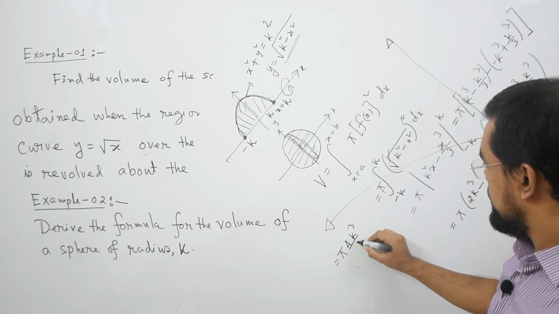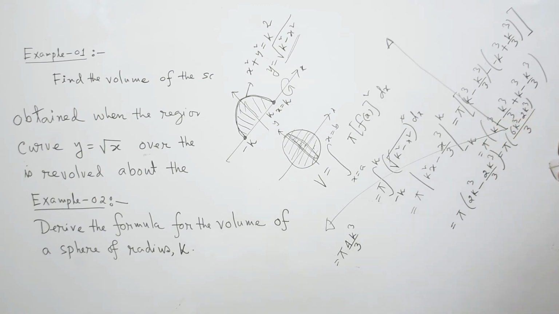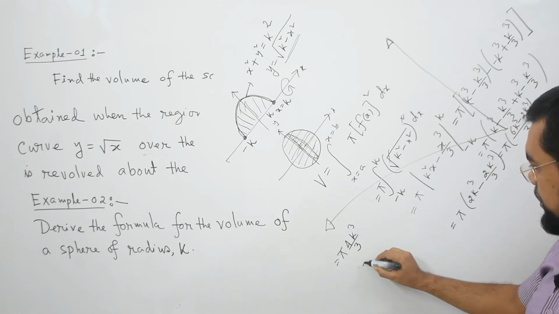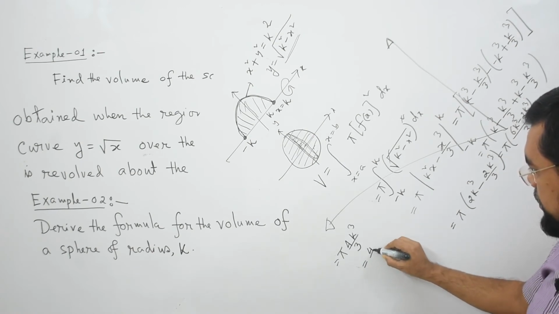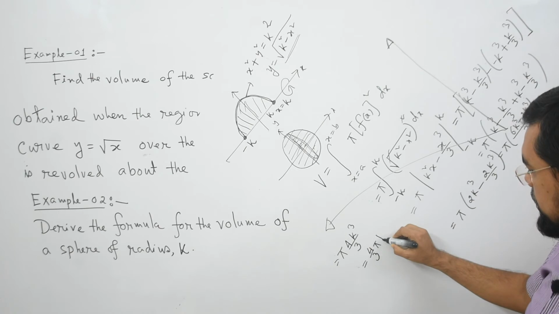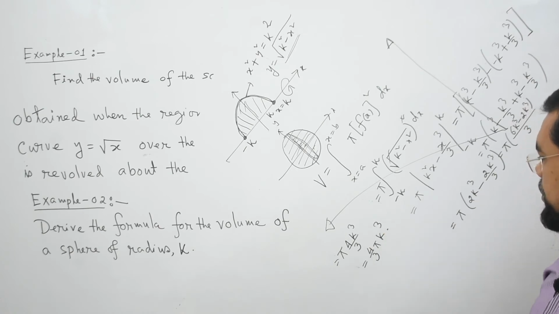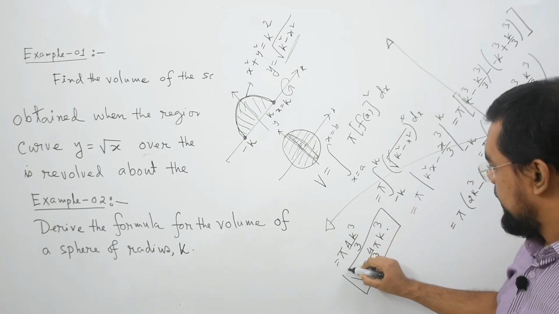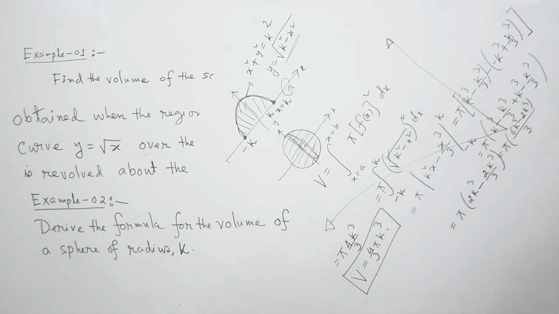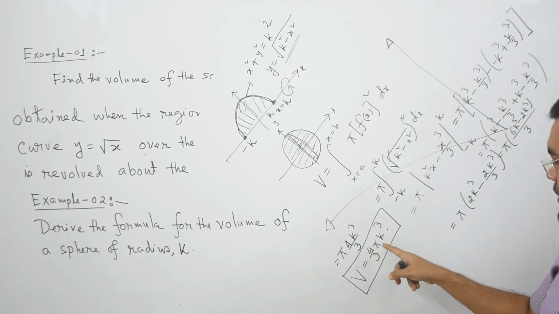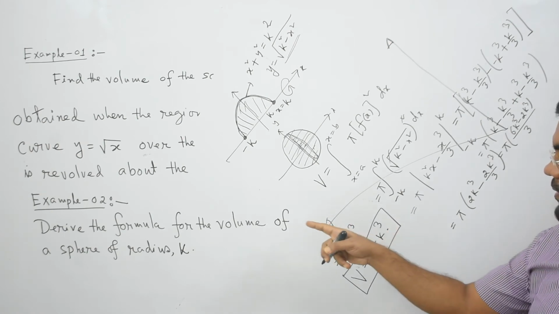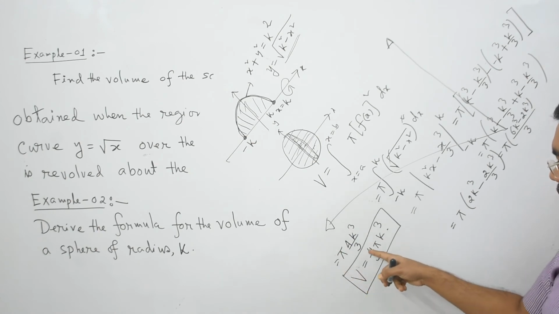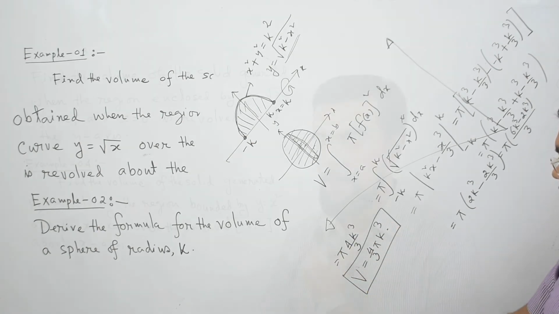We can write it in the standard form, 4 by 3 pi k cube. So the volume of a sphere of radius k is 4 by 3 pi k cube. If the radius is r, then it will be 4 by 3 pi r cube.